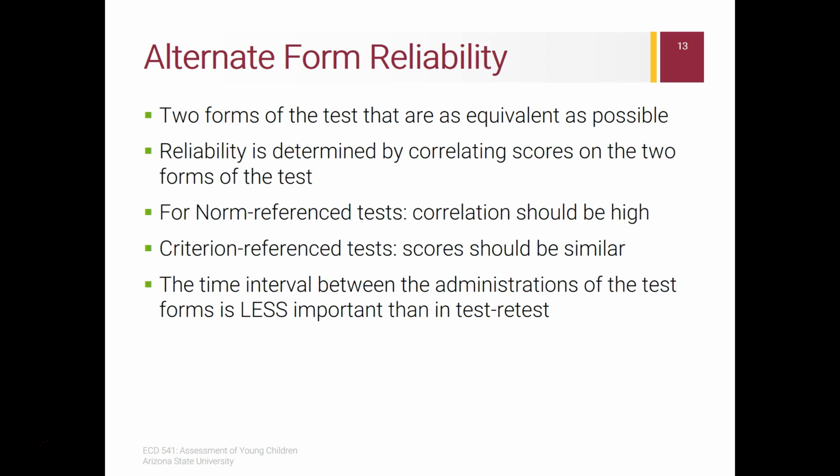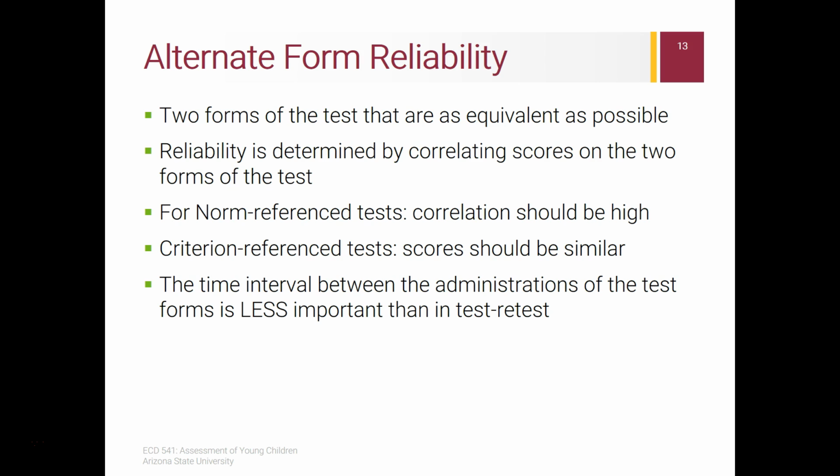Another way to measure reliability is using an alternate form. This type of reliability is also known as parallel form or equivalent form reliability. This is where 2 versions of the test are constructed and given to the same people on 2 occasions. Reliability is determined by correlating scores on the 2 forms of the tests.